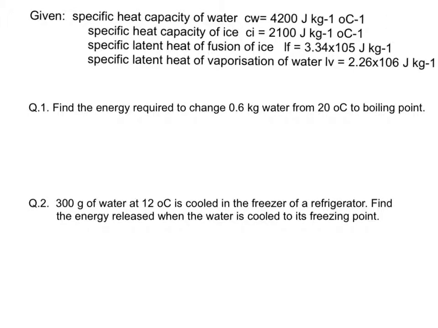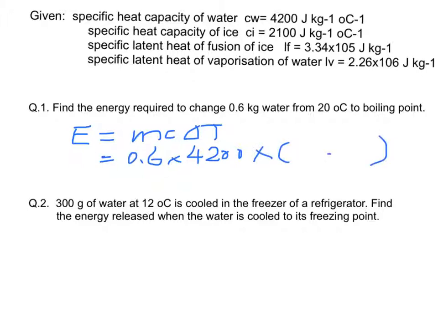Question number 1. Find the energy required to change 0.6 kg water from 20 degrees Celsius to boiling point. The energy needed is E equal to mc delta T, equal to 0.6 times 4,200 times... boiling point of water is 100.